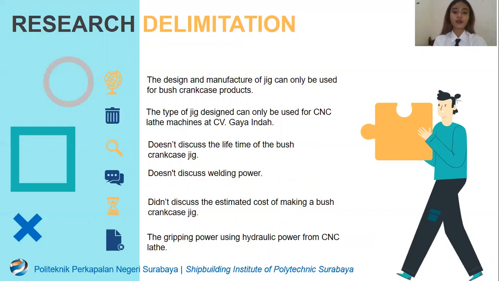Second, the type of jig design can only be used for CNC lathe machines at CV Gaya Indah. Third, it doesn't discuss the lifetime of the bus crankcase jig. And then, it doesn't discuss welding power, and doesn't discuss the estimated cost of making a bus crankcase jig. And last, the gripping power uses hydraulic power from the CNC lathe.